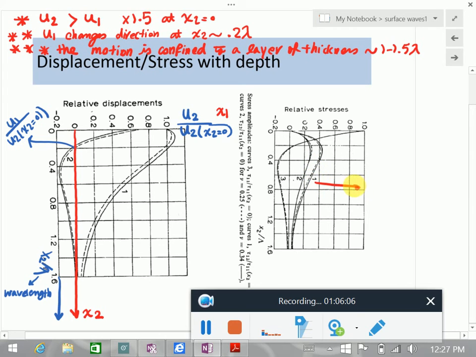Curve number 1 is sigma 12 over sigma 11. It's also normalized. Curve number 2 is sigma 22 over sigma 11. As you can see, they both are 0 at the surface. This is what we required.